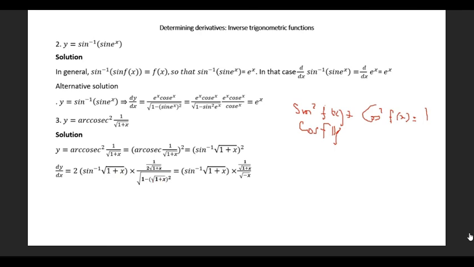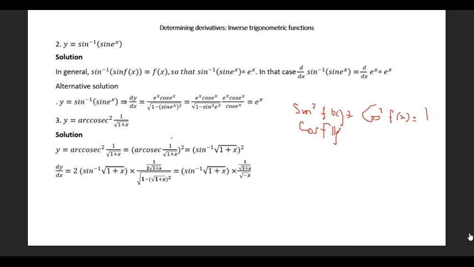The square root of 1 plus x is the same as 1 plus x to the power half, so its derivative will be half times 1 plus x to the power negative half. The negative half means the square root goes in the denominator. Then you can simplify: this 2 is going to cancel with that 1, and this will be your answer.